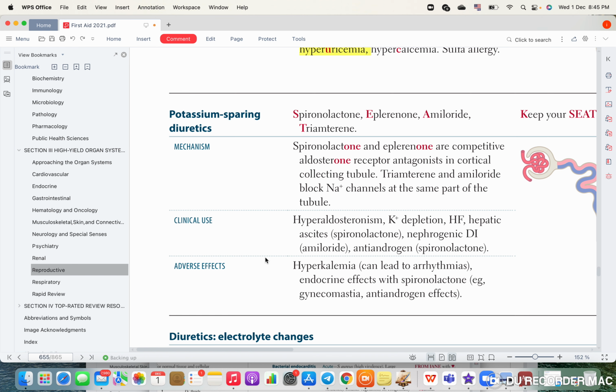But if we speak about the syndrome of apparent mineralocorticoid excess, it works by activation of the aldosterone receptor. So which drug can we use to stop it?